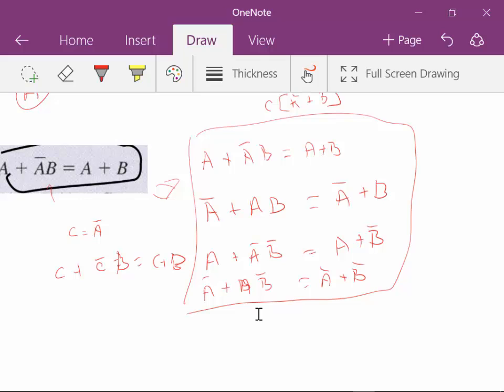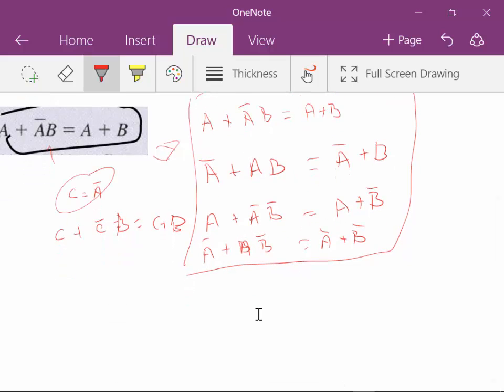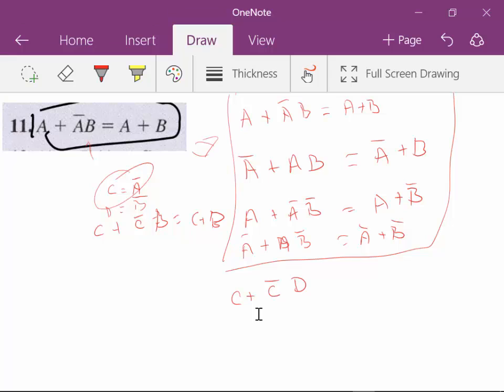In other words, I said C is equal to A not, and then I could say D is equal to B not. And if I write this expression that way, it's going to look like C plus C not D, and that looks exactly like the original one.